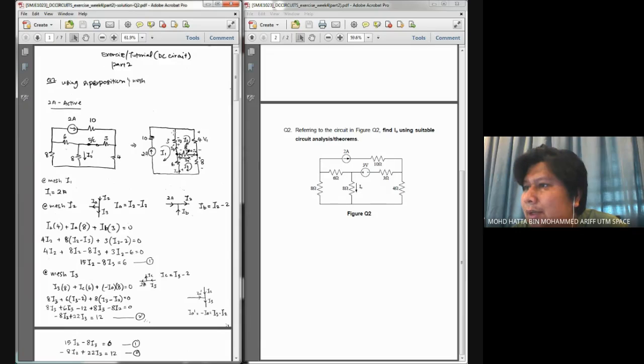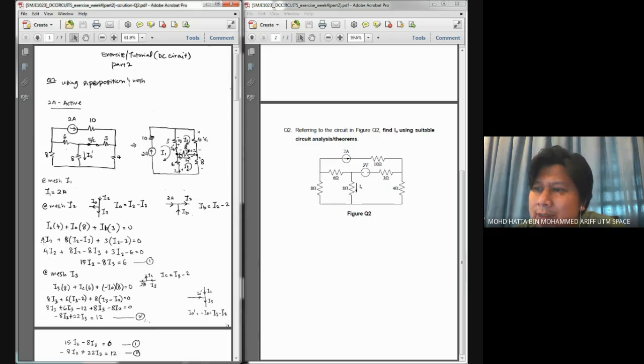If you look at the junction here, you see that the current coming into the node is 2 ampere and also IB, because I label IB to be in the same direction as I2. And I2 is at the right hand side. Then by using Kirchhoff current law, I determine IB equals I2 minus 2.